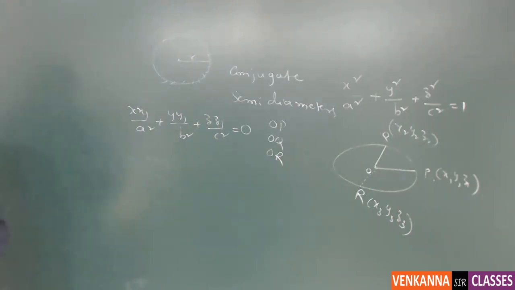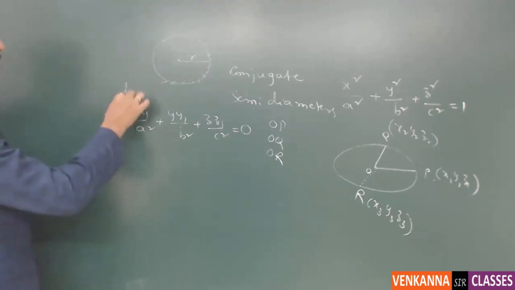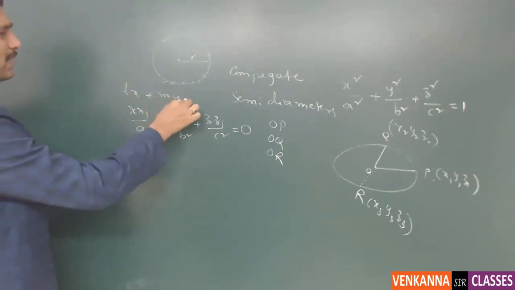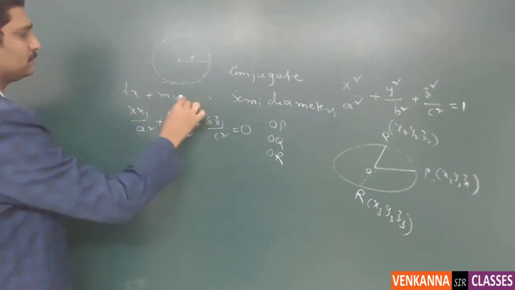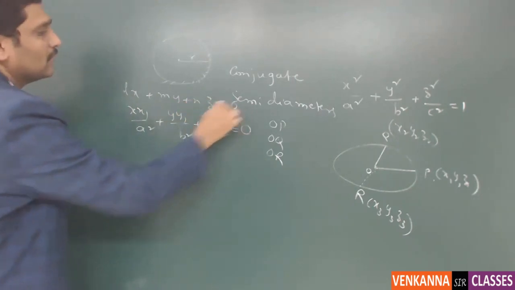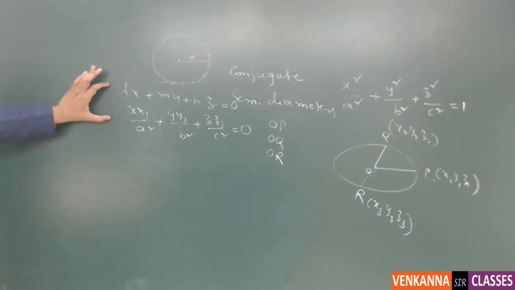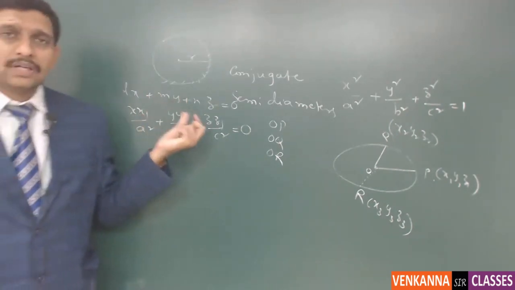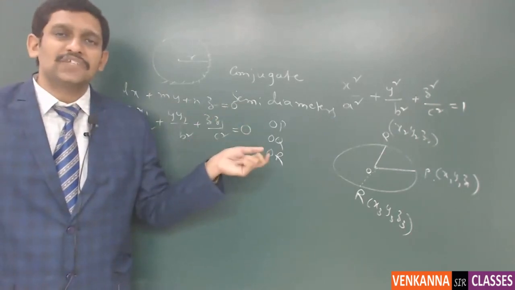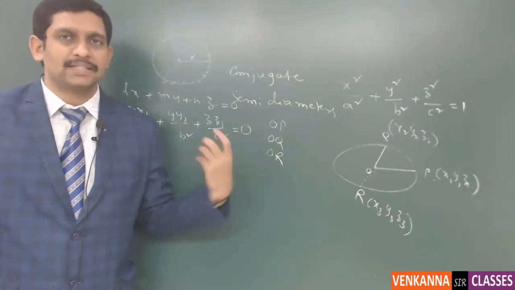Right. So, if you imagine that this is of the form Lx plus My plus Nz, it's just like a plane equation, the tangent plane equation, however. So, the coefficients will satisfy certain kind of properties.